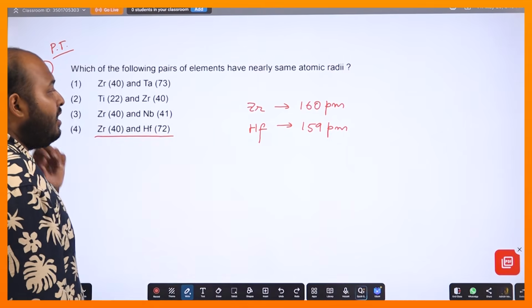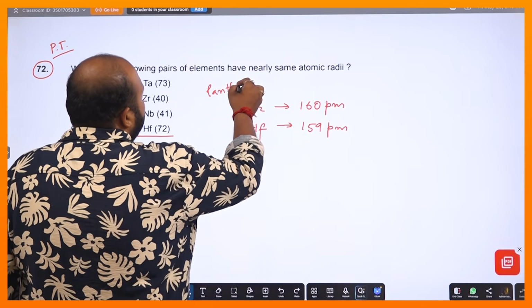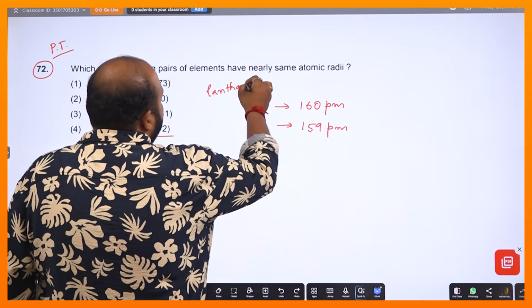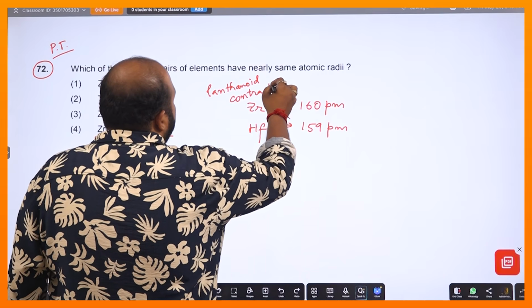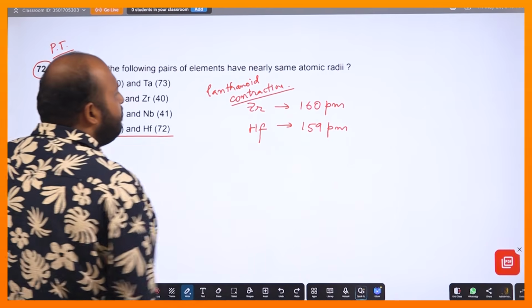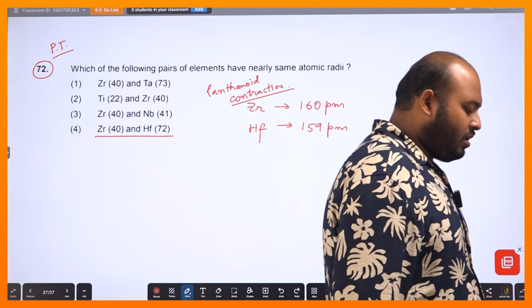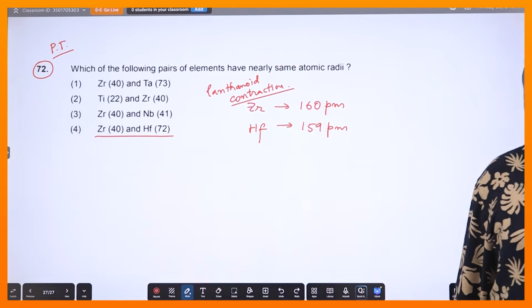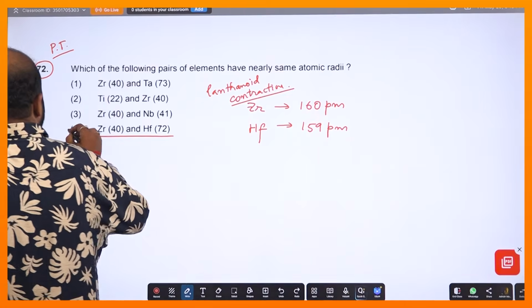So this is mainly due to lanthanoid contraction, due to imperfect shielding of 4f orbitals, due to imperfect shielding of the 4f. So it will be option 4.